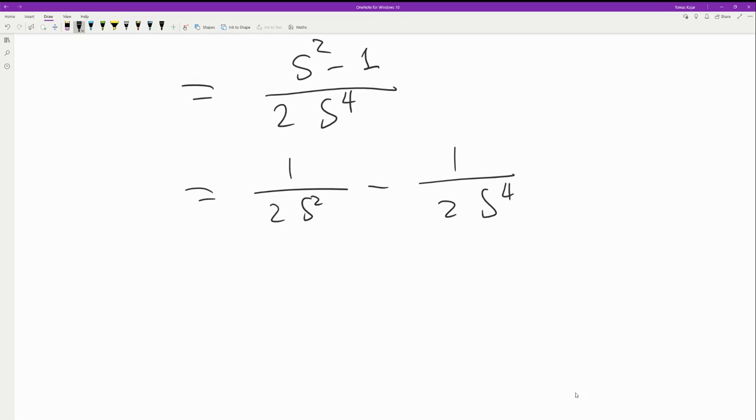So use the formula: Laplace inverse of n factorial over s to the n plus 1 is t to the n.